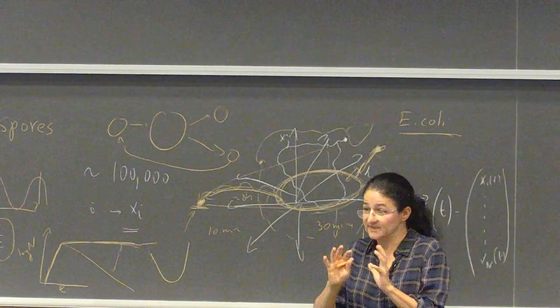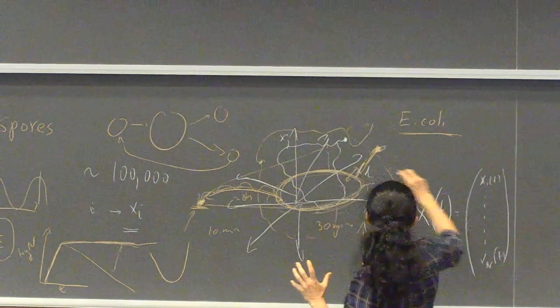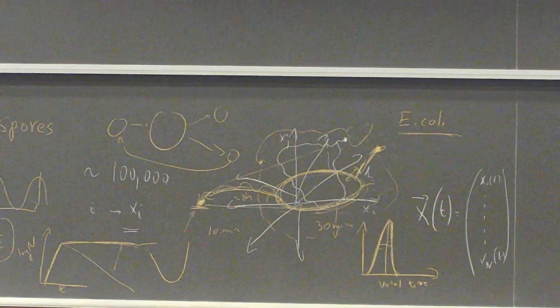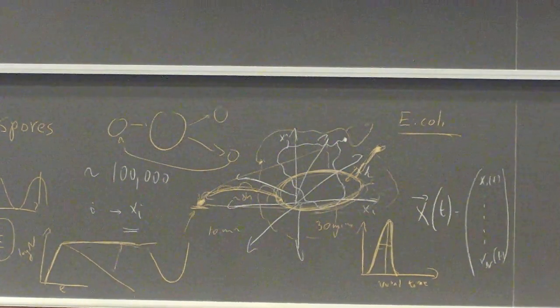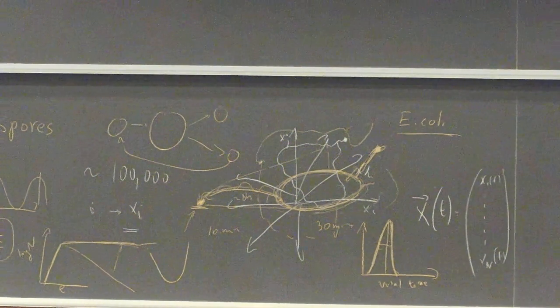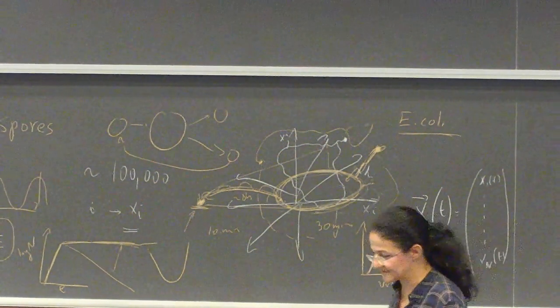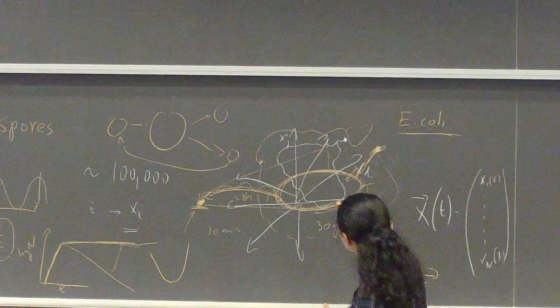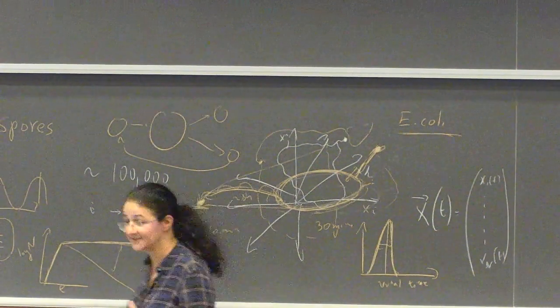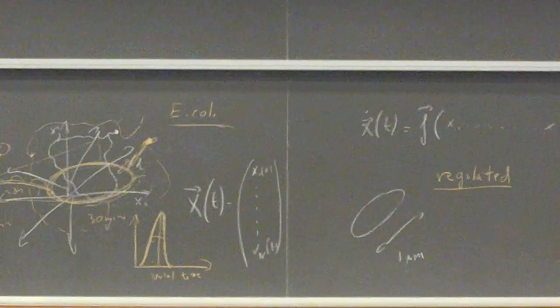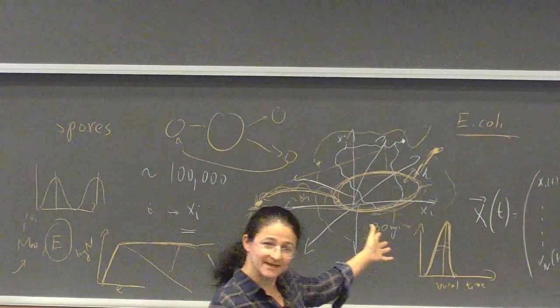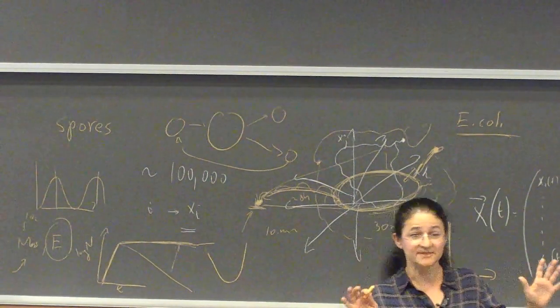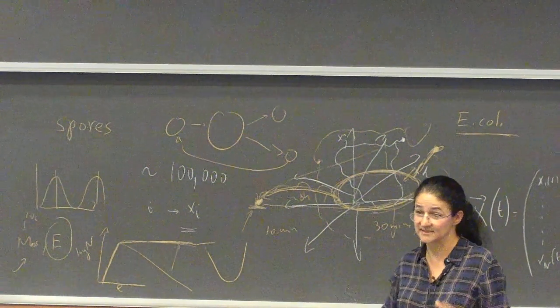So it's what we call a regulated state, from the term gene regulation, and it is a very particular trajectory in this phase space. And when you look at it, it's not clear what, as statistical physicists, we can say about this trajectory. I'm sure there is something to say, but it's difficult.